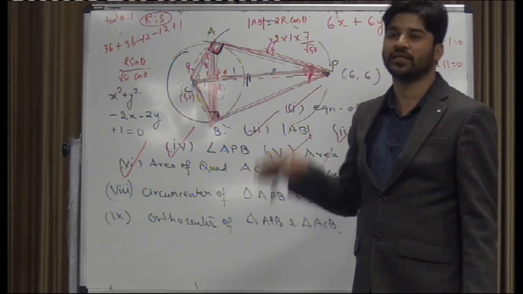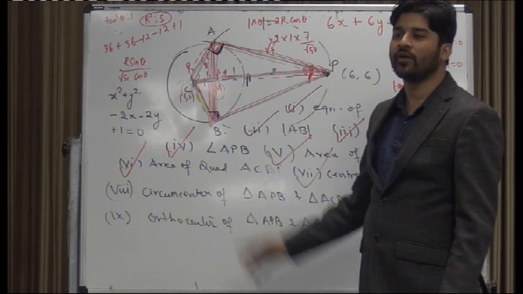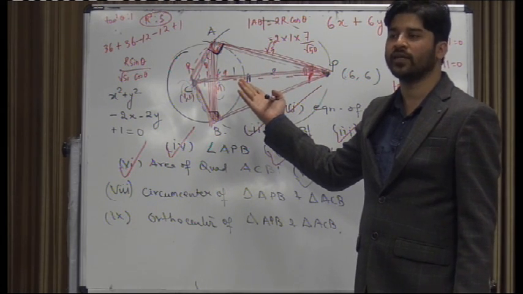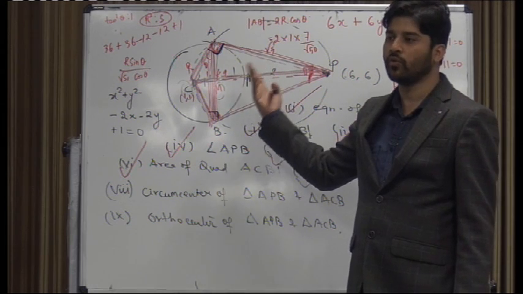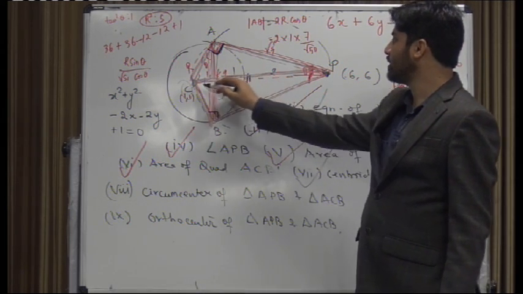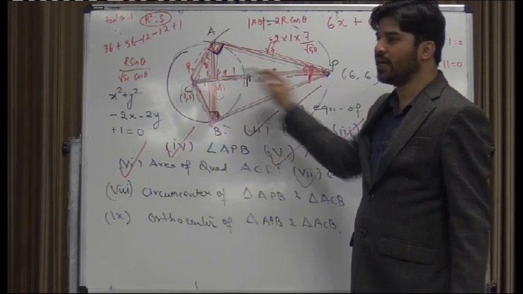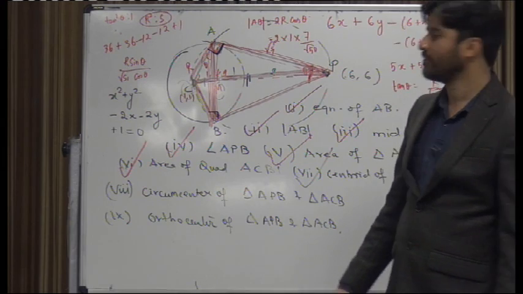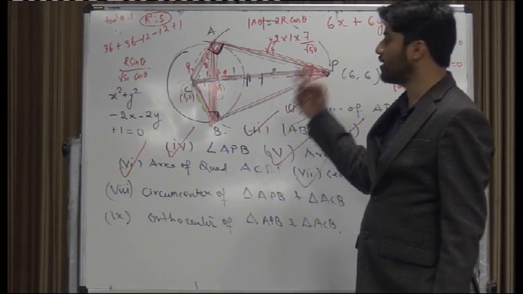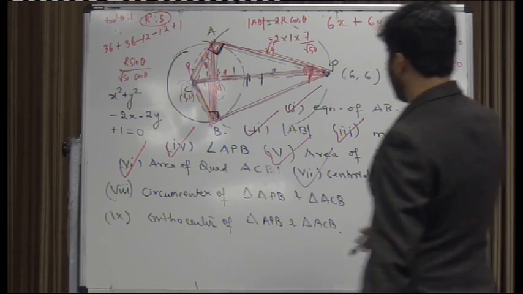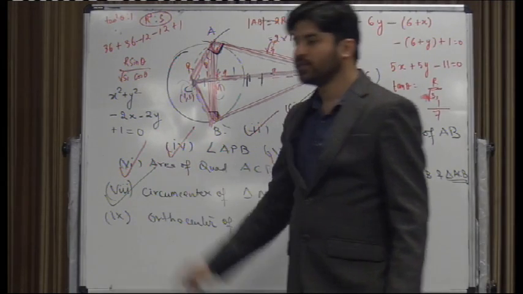I am just interested in the center. How would we write the whole equation of the circle? Diametric form: (x minus 1)(x minus 6) plus (y minus 1)(y minus 6). But here what is important is the midpoint of C and P, which would be the circumcenter. So the answer would be 7 by 2 comma 7 by 2. So we have already found the circumcenter.